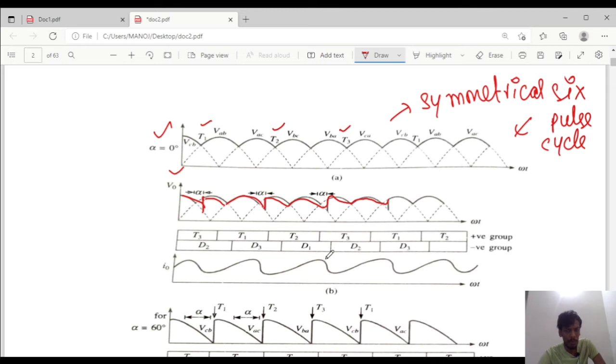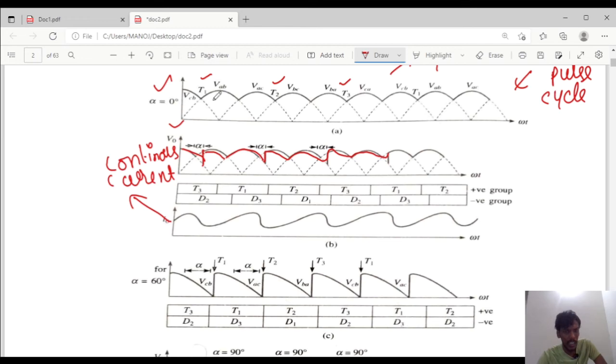It shows the positive group and the negative group. For the positive group, T1, T2 and T3 will conduct. For the negative group, D1, D2, D3 will conduct. And if you observe here, the current will be continuous throughout the working range. So this is about alpha equal to 0 degrees.